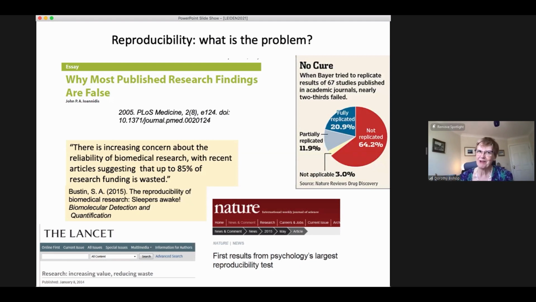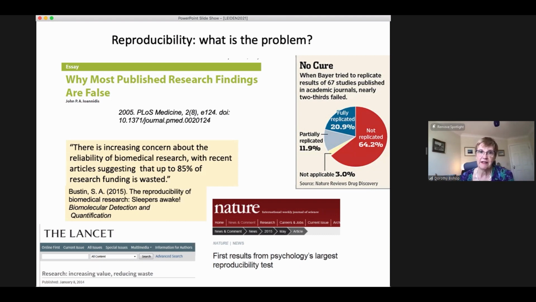He's sometimes lambasted for overdoing things and for exaggerating. And here he didn't actually demonstrate that they were all false, but he showed a lot of reasons why one would not have confidence in research findings. And around the same time, there was growing concern, interestingly enough, from pharmaceutical companies.